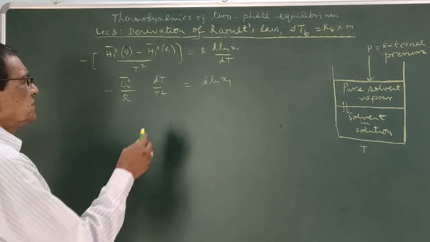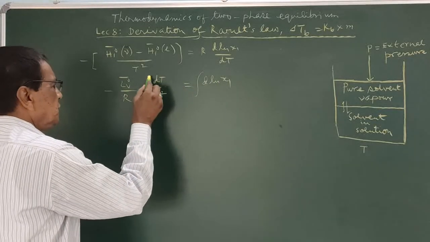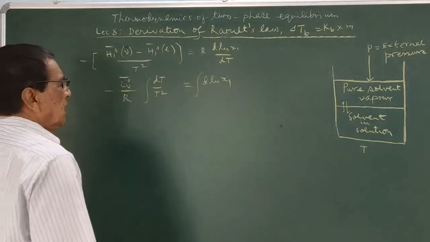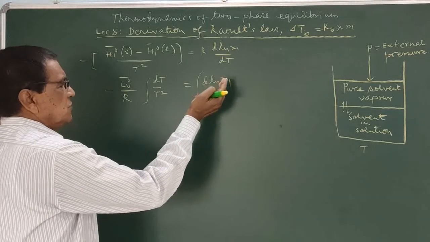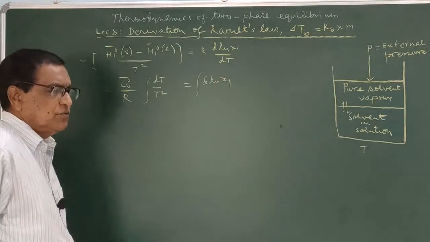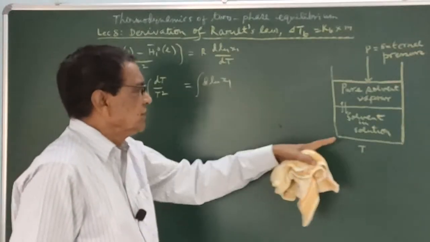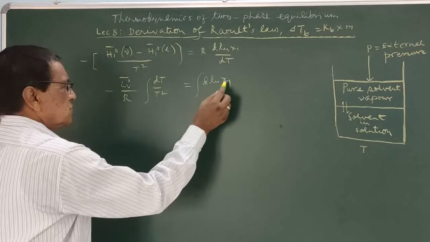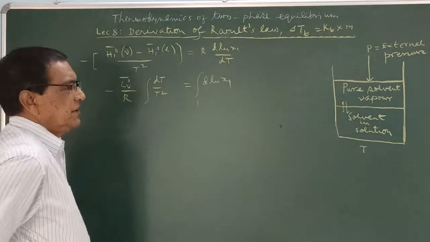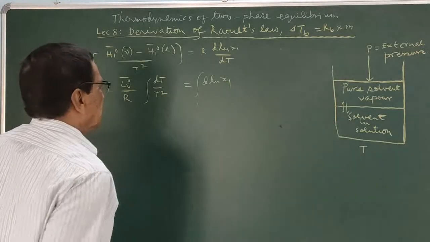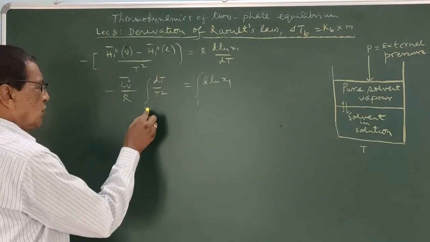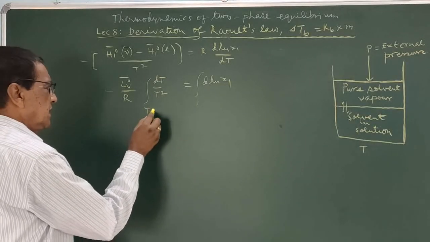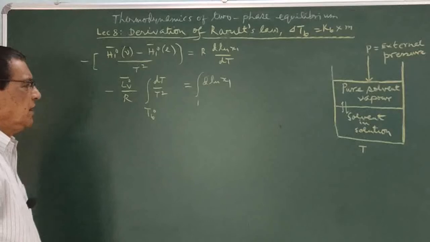So if we do this integration, how the temperature is changing with x1 of this solvent in solution, and when x1 equals 1 it is the pure solvent. In this case, the boiling point is TB naught.